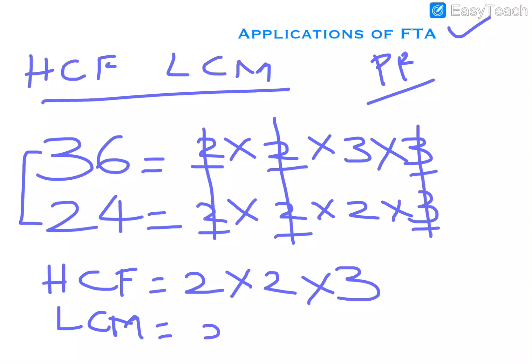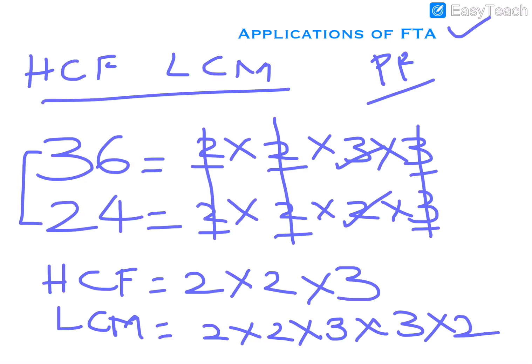After taking these common things, whatever is left out we will take. 3 is left out and 2 is left out. So we will take this and write that as LCM and HCF. So HCF is 2 2s are 4, 3s are 12, and LCM is 2 2s are 4, 3s are 12, 3s are 36, 2s are 72. So this is how you are going to find HCF and LCM in the next exercise.